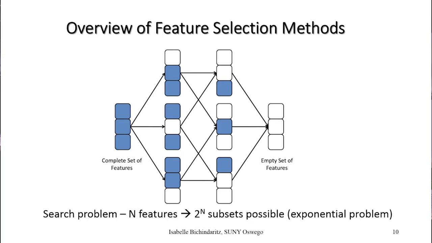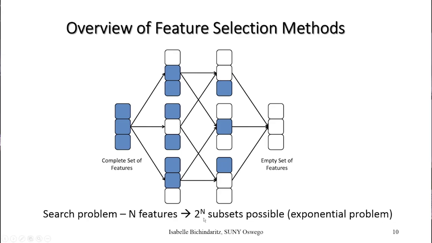Feature selection can be illustrated like here as a search in a space of subsets. We have 3 features here, and we can select subsets that have no features. 1 feature, we have 3. 2 features, we have 3 also illustrated here.